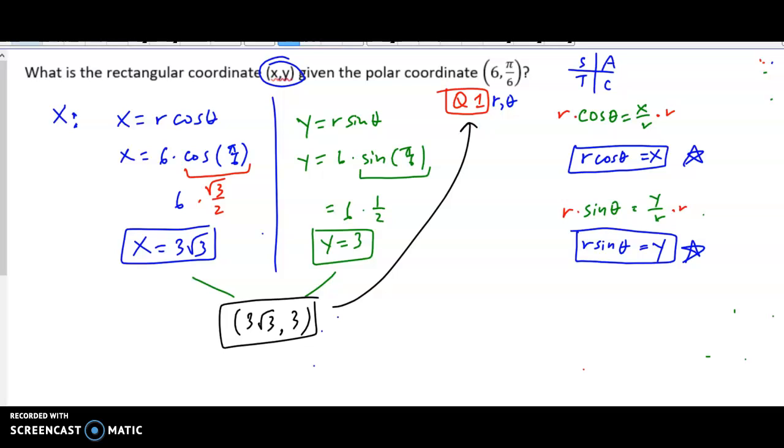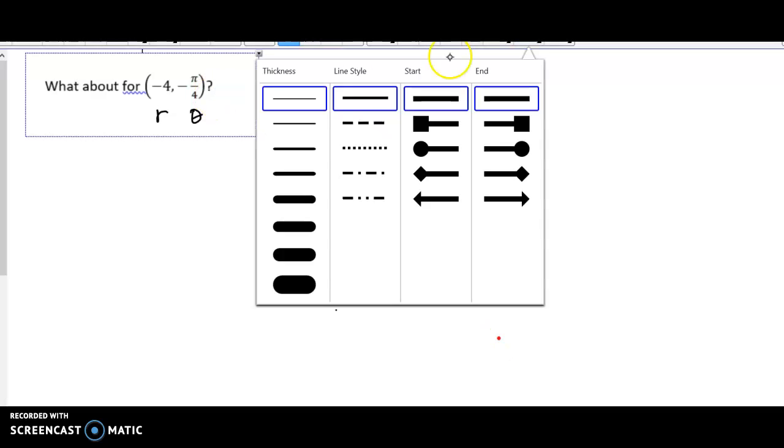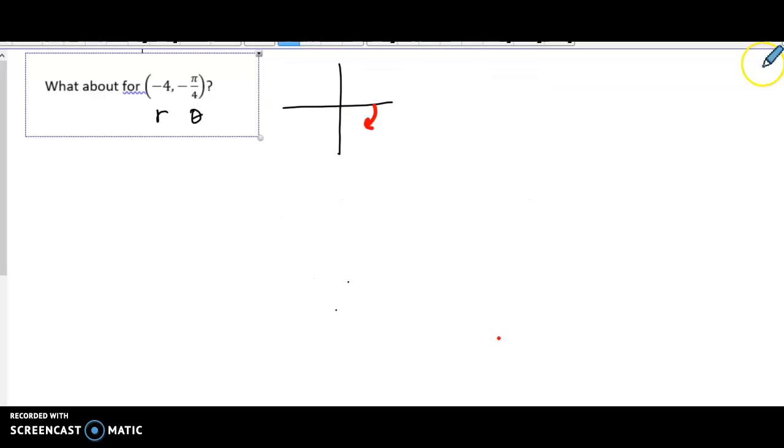So the same thing applies for this example as well. R is -4 and theta is negative pi over 4. Now you've got to be careful though, because negative pi over 4 is here, in quadrant 4.